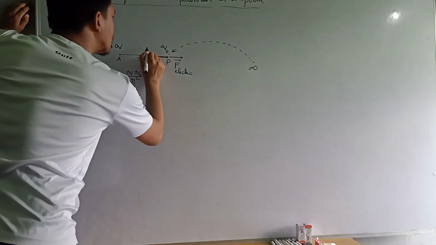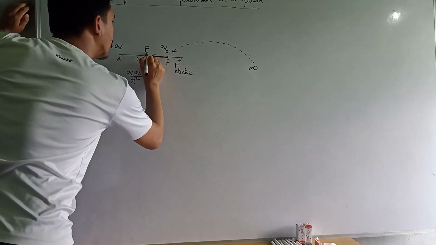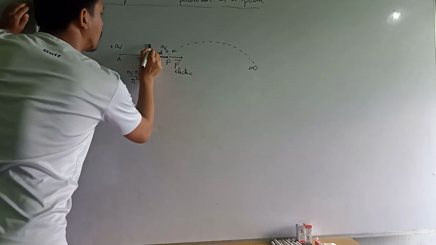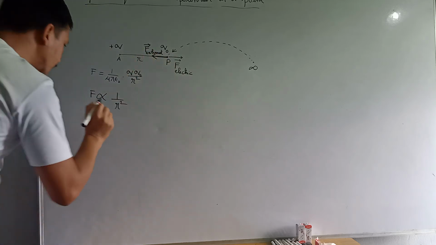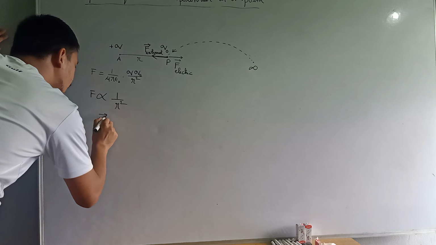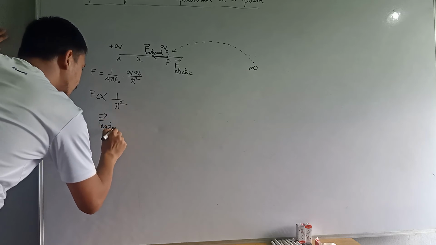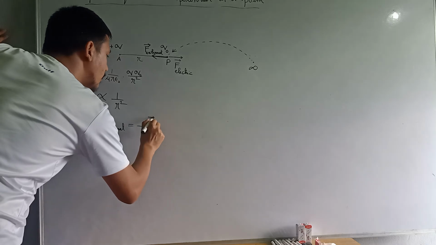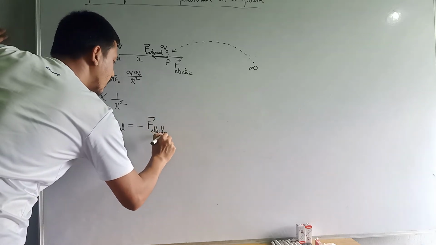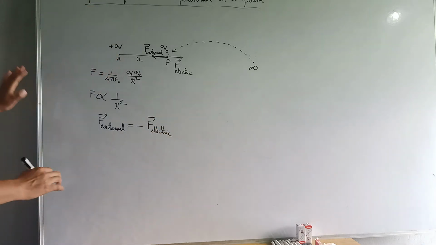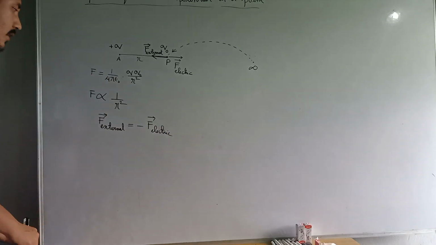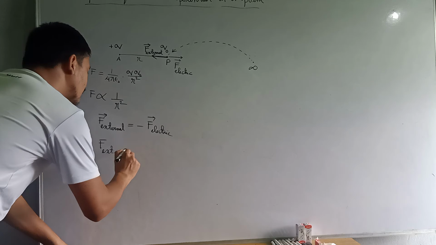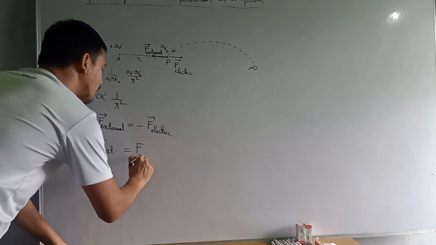So this one will be your F, let's say external force. That means the F external will be equal and opposite to your F electric, right? Now let me take the magnitude. If you take the magnitude, then F external will be equal to F electric.